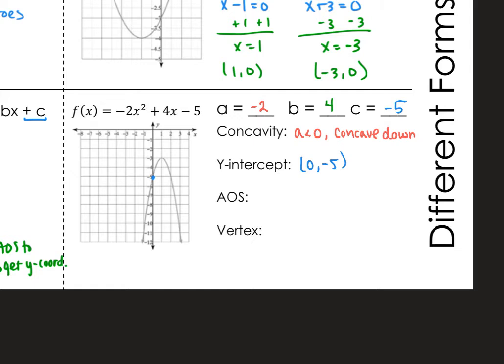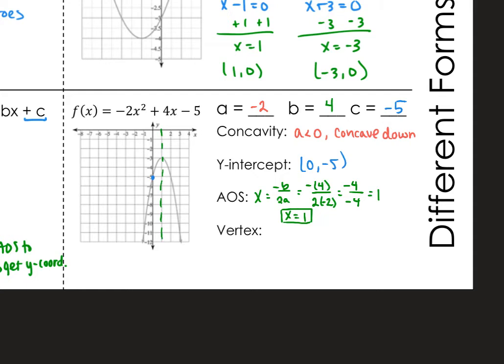Now to find our axis of symmetry, we're going to use the formula -b over 2a. So plugging in, I have -4 over 2 times -2. So that's going to be -4 over -4, which equals +1. So my axis of symmetry is x equals 1, which we can see from our graph.